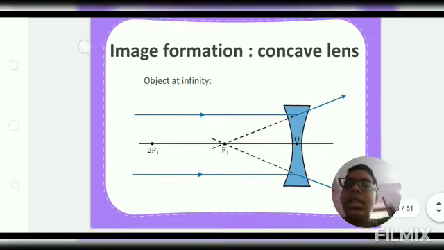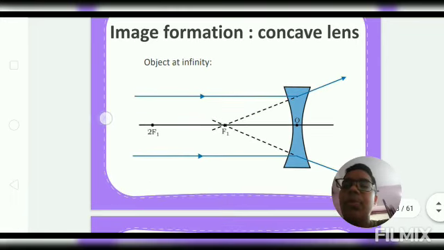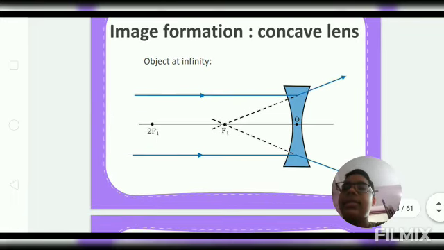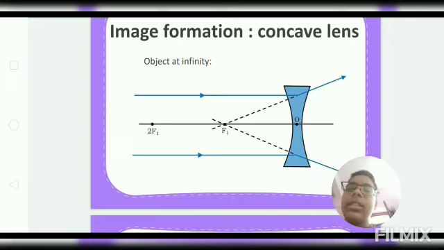Now let's go to the concave lens. In the concave lens, when the object is at infinity, that means at a far away place, at a very large distance from the lens, the rays become parallel to the principal axis and get deviated.